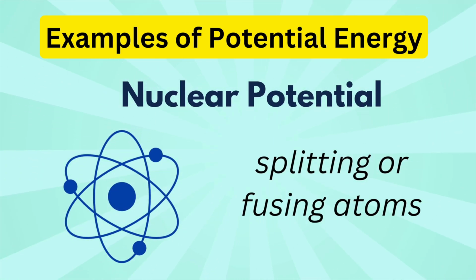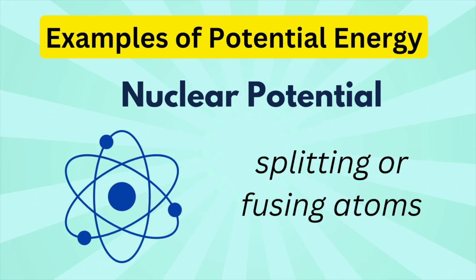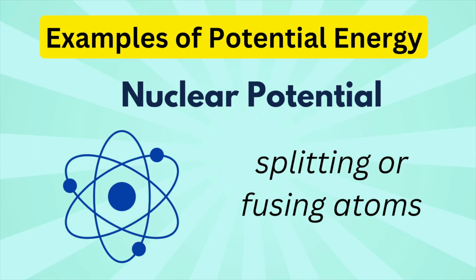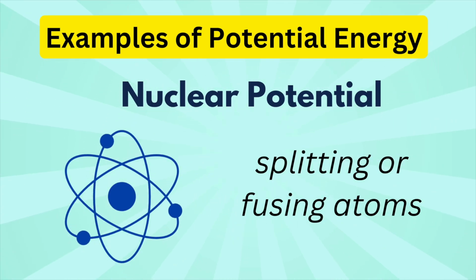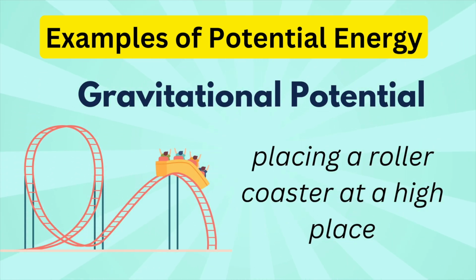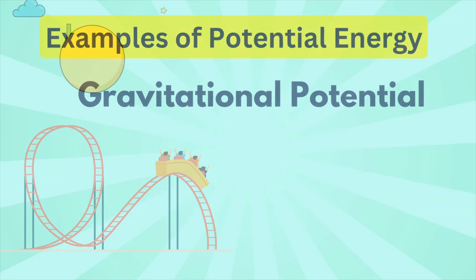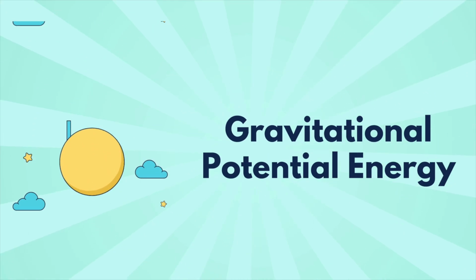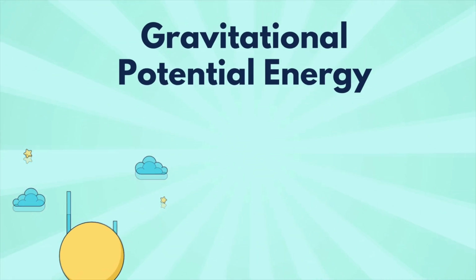When splitting or fusing atoms, such as in nuclear power plants, this is nuclear potential energy. And of course, when a roller coaster sits at the top of a track, this is known as gravitational potential energy. In this video, we will focus on gravitational potential energy.